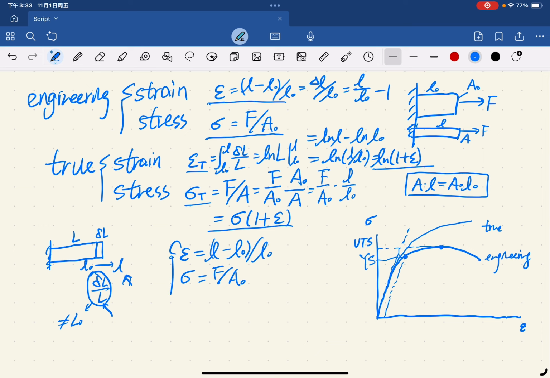And normally when we are processing the data and modeling the material, we need the true strain and true stress. So we first need to convert the engineering results we get from the testing machines. We need to do this conversion. We put the engineering stress-strain into the true stress-strain.